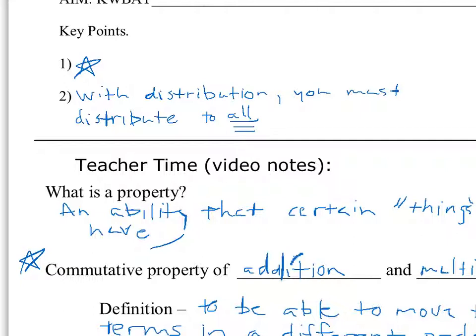All right, so he's saying with distribution, you must distribute to all terms inside parentheses. And I've underlined all terms because that's what Mr. Posey is saying is the key point here. Making sure that we get it to all terms inside the parentheses. Any other key points people think we have today?